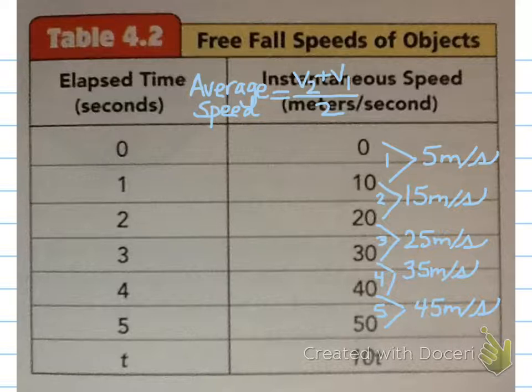Okay, so this is our average speed during these time intervals. During our first second, our average speed is 5 meters per second. During the second second it's falling, average speed is 15 meters per second. During our third second of fall, our average speed is 25 meters per second.